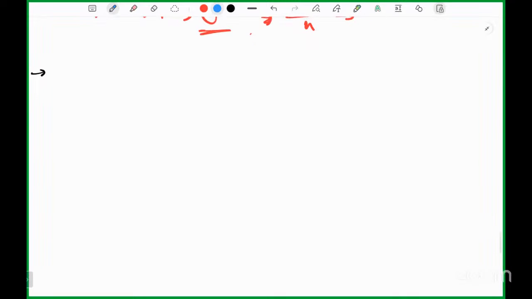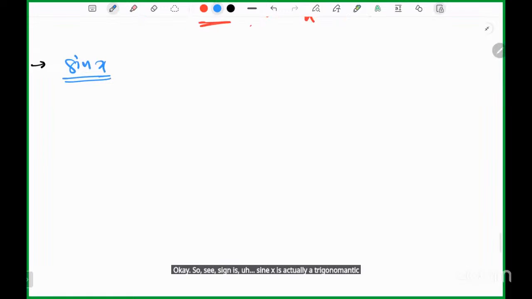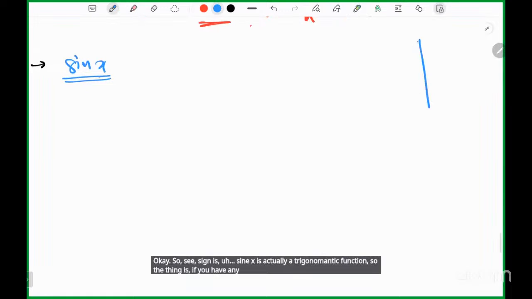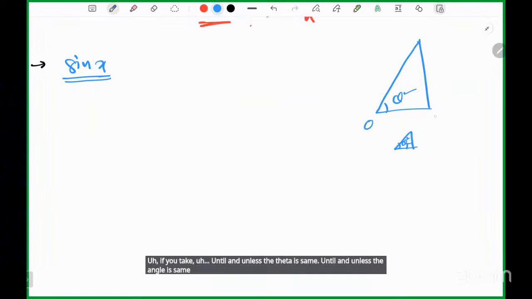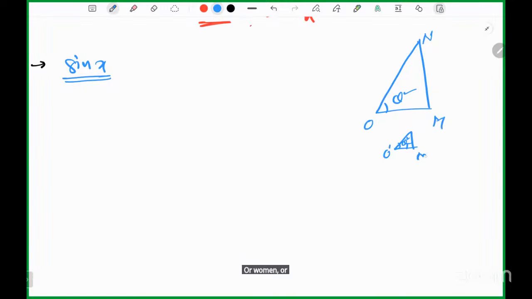Okay. So see, sin x is actually a trigonometric function. If you have any right angle triangle, no matter how big or how small, as long as the angle theta is the same, then the ratio of the sides OM upon ON will be the same as O dash M dash upon O dash N dash.